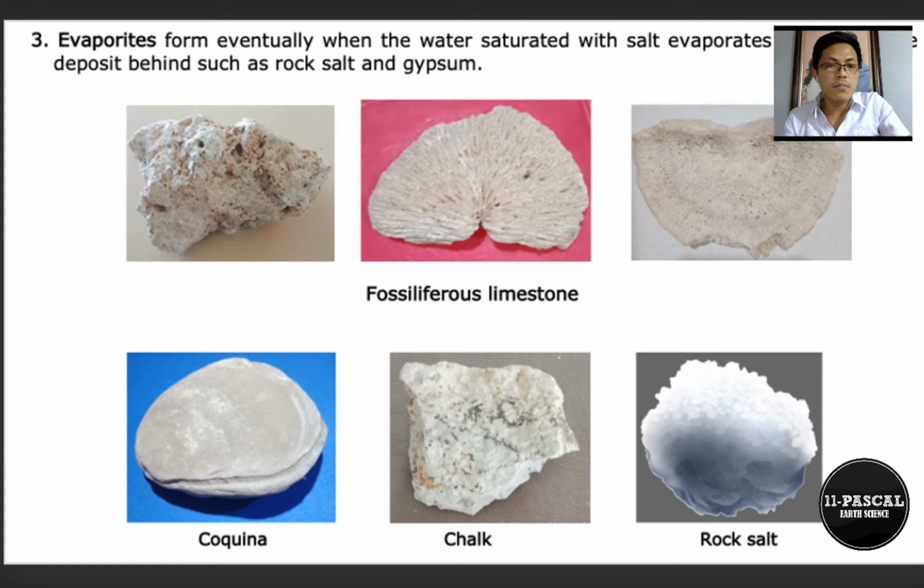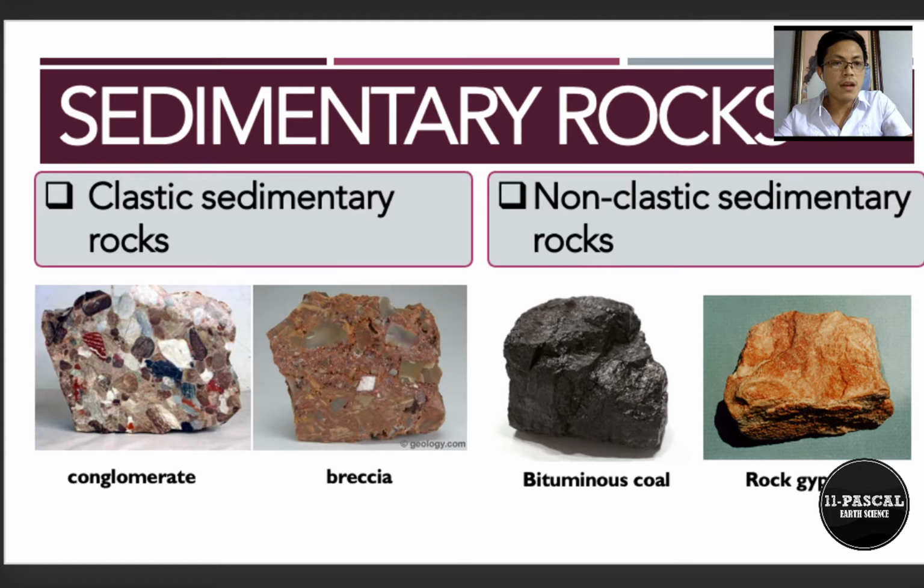So these are examples of sedimentary rocks: fossiliferous limestone, coquina, chalk, and rock salt. Rock salt is an example of an evaporite. For clastic sedimentary rocks, we have conglomerate and breccia.